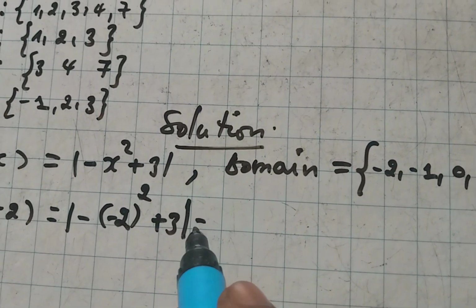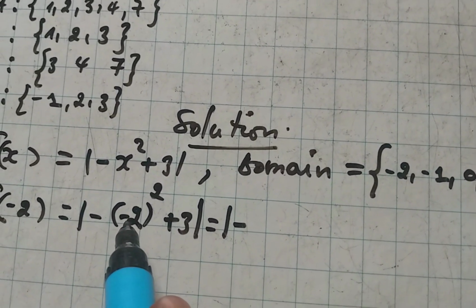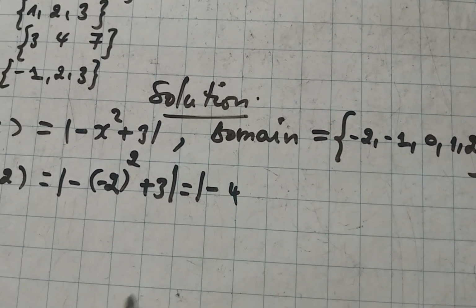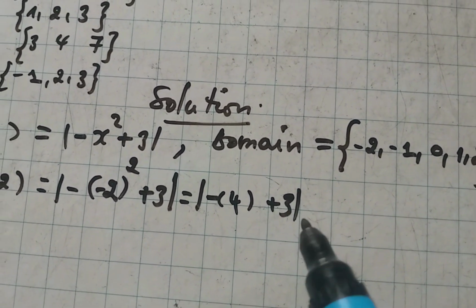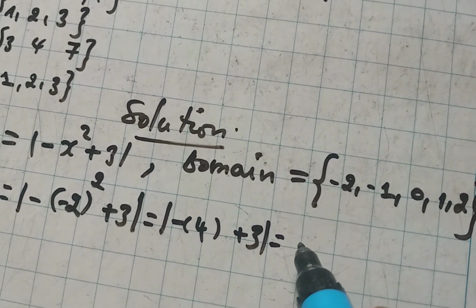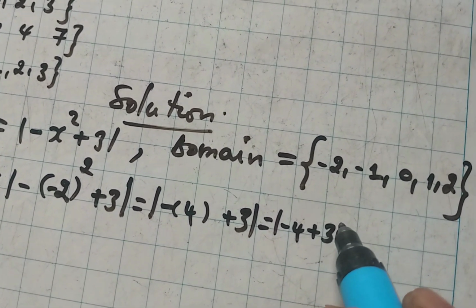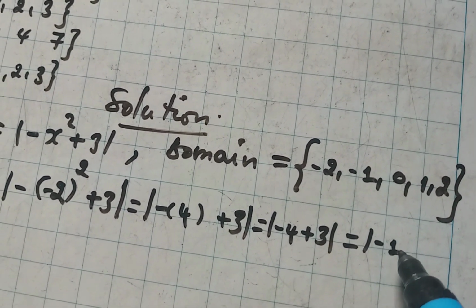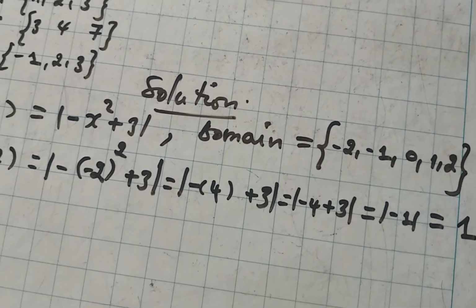This one is equal to the absolute value of negative 2 squared, which is 4, then plus 3. This one is equal to the absolute value of negative 4 plus 3, which is equal to the absolute value of negative 1, which is equal to 1.